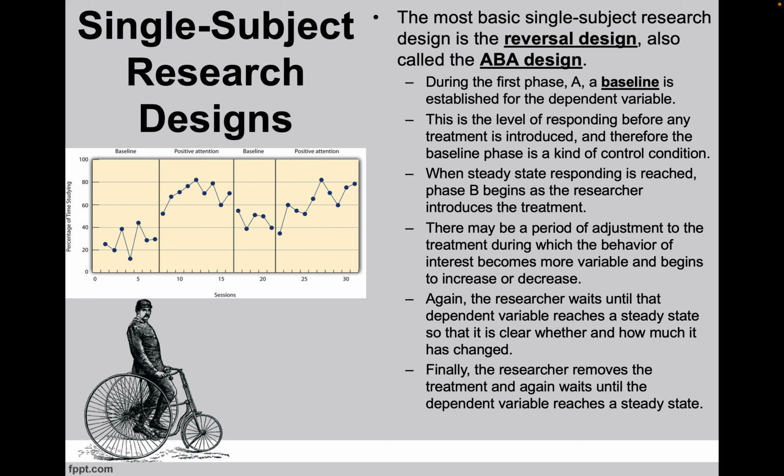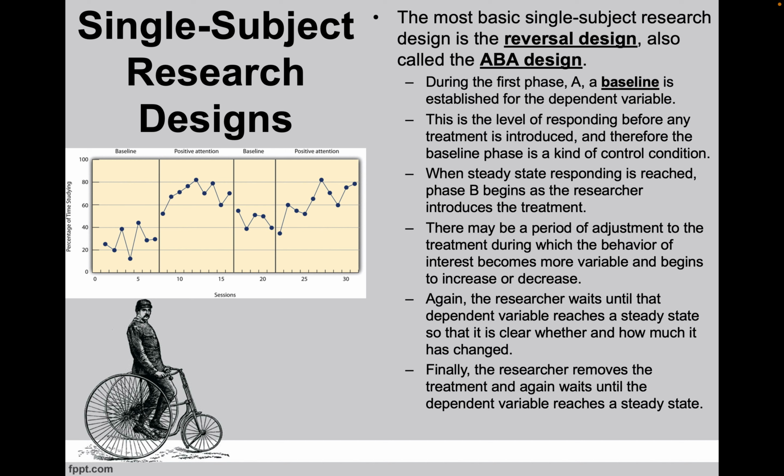During the first phase A, a baseline is established for the dependent variable. This is the level of responding before any treatment is introduced, and therefore the baseline phase is a kind of control condition. When steady state responding is reached, phase B begins as the researcher introduces the treatment.